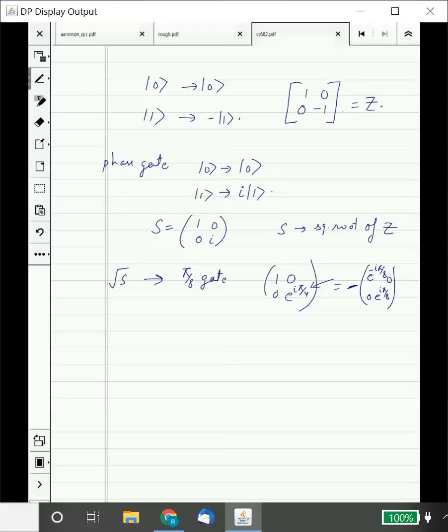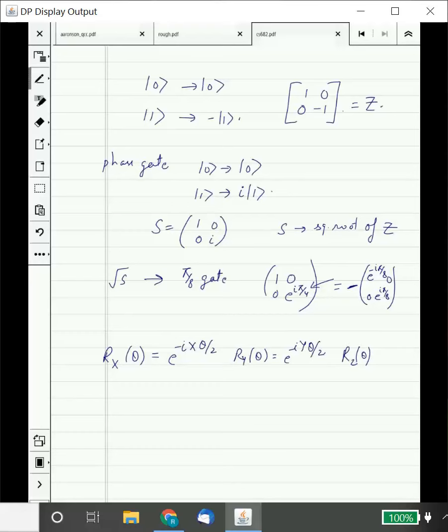Using these definitions, we can also define these gates: Rx theta, which is e to the minus i X theta by 2, Ry theta, which is e to the minus i Y theta by 2, and similarly Rz theta.